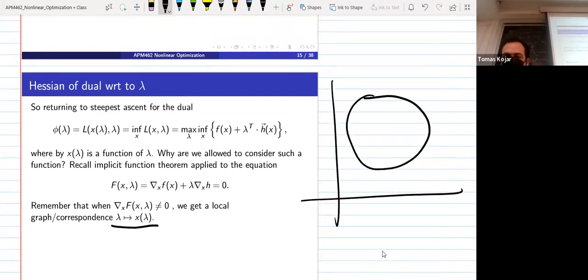Namely, here's a crazy picture. Suppose this circle is f of x lambda equals 0. So this is lambda, this is x.